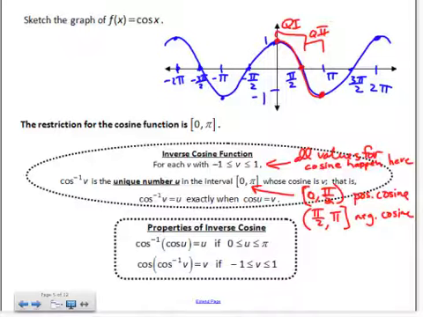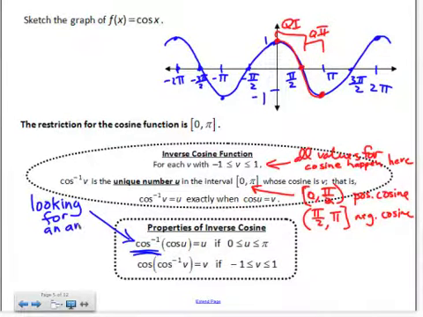Okay. So, once again, we have the same thing here. If the thing on the outside is what we're looking for, this property says we're looking for an angle. That's what's on the outside.